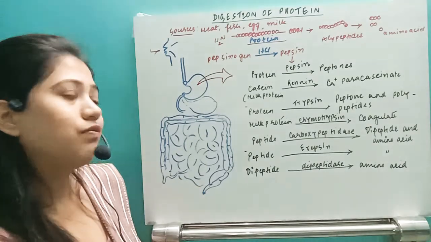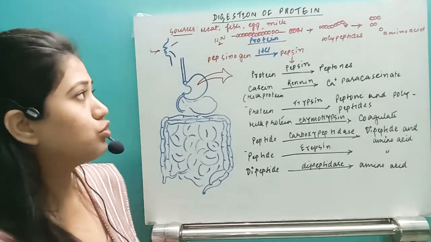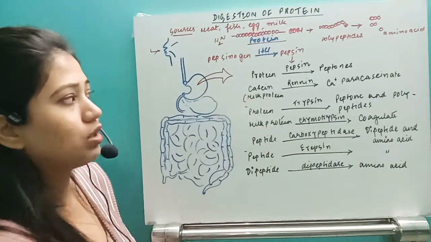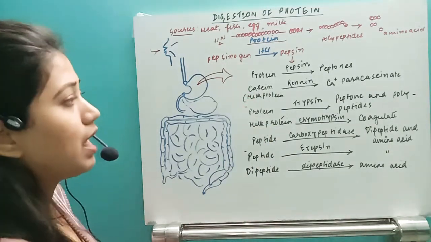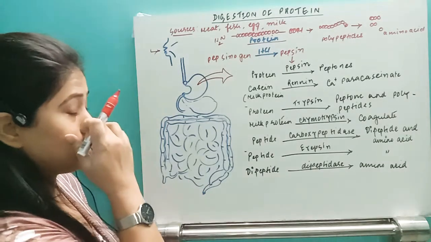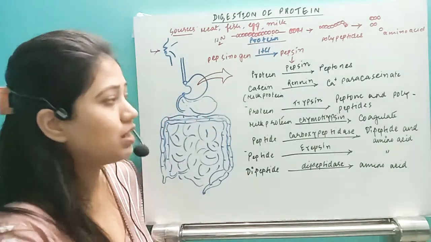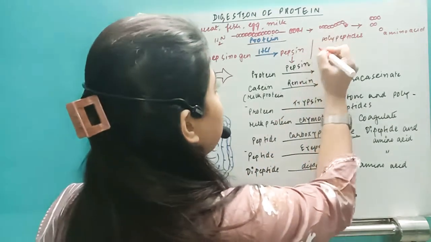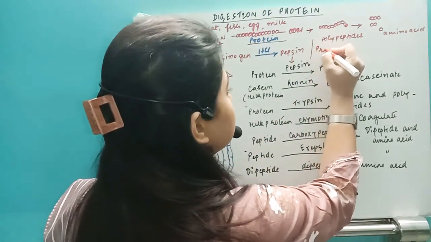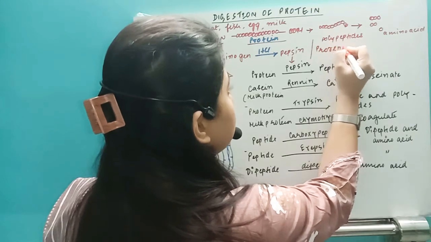Now the next one, we also have another type of protein that is present in milk, called casein. This casein will be acted upon by another enzyme released by the same stomach wall, that is renin. But the same thing is happening: the renin is released in the prorenin state.